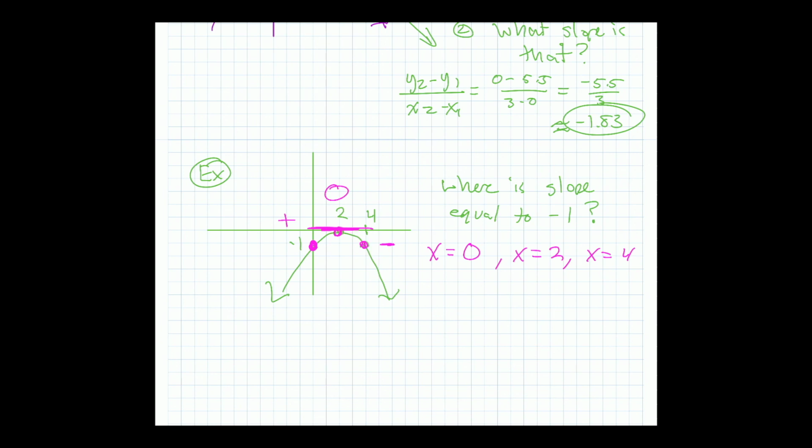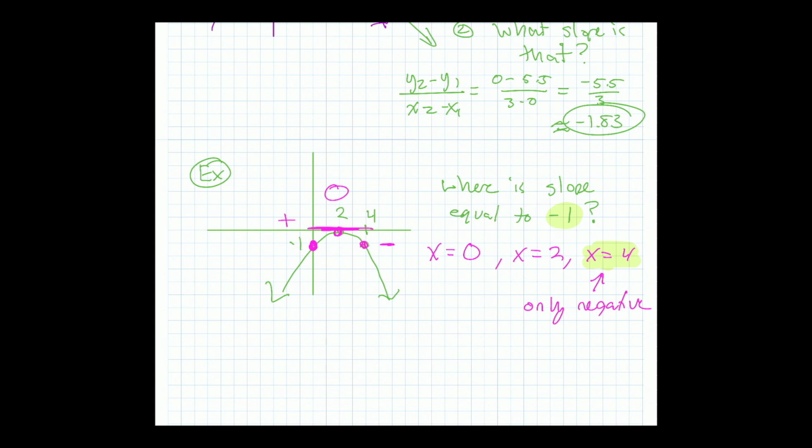Okay, if these are the 3 points we have to pick from, which is the one where the slope is negative 1? Well, it's got to be this one, right? It's the only one with the negative slope. Now, what if there was more than one negative slope?